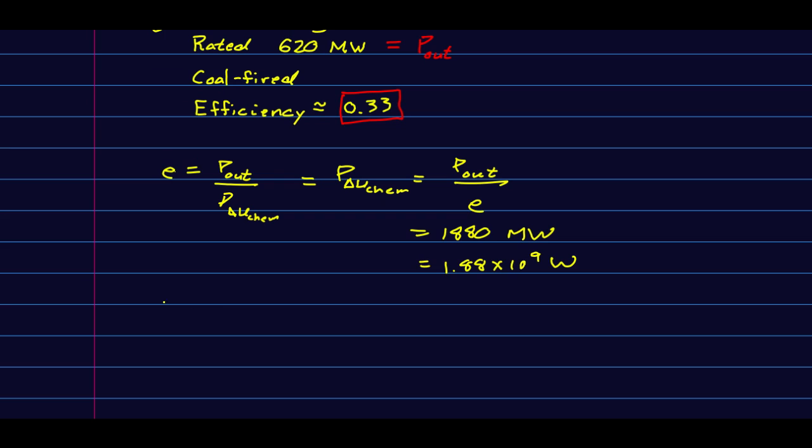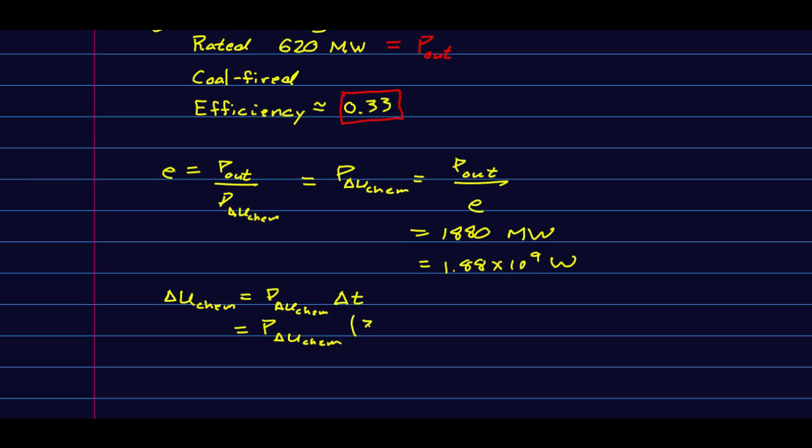And so you could now figure out the amount of chemical energy consumed in a day. That's just going to be that power. The power is the change in energy over delta T, so multiply both sides by delta T and you get this. And so that is our power times delta U chem of a day, right?